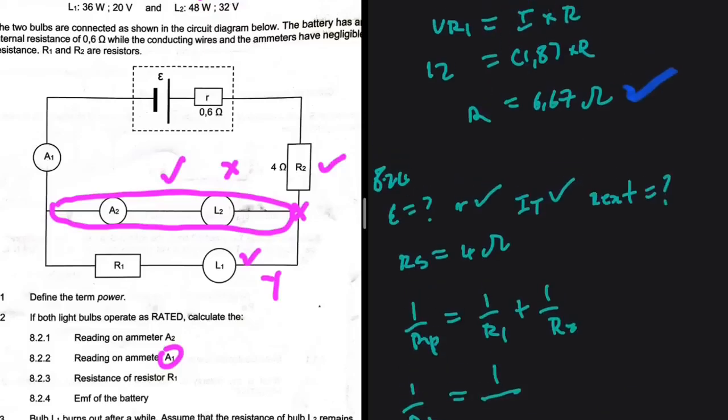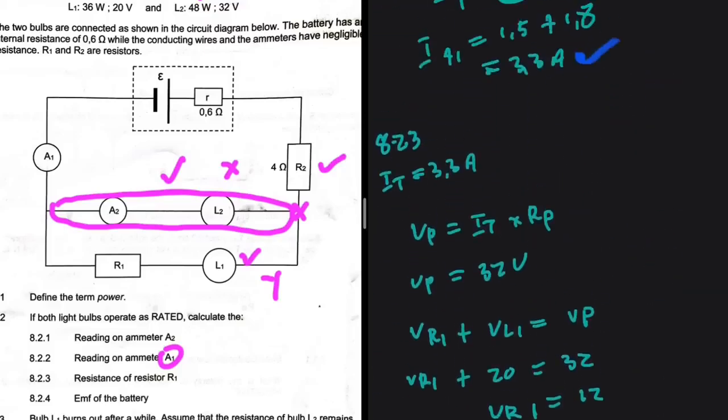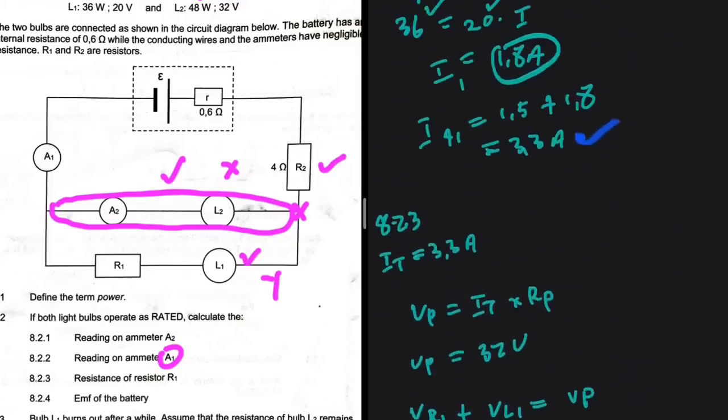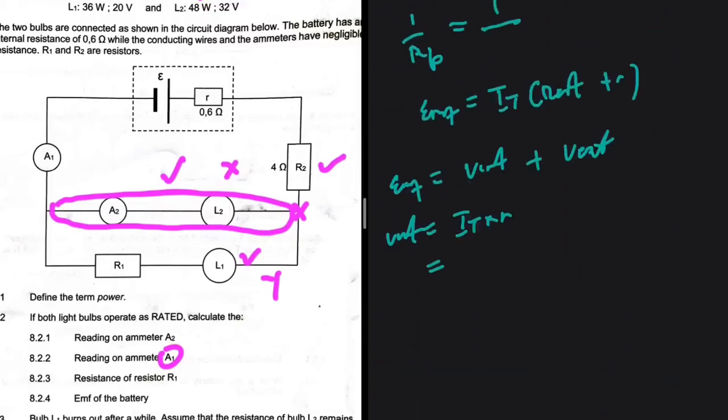Current multiplied by the small r. We have the current, 3.3, right? So is it 3.3 or 3.2? 3.3. Okay, so we have 3.3 multiplied by 0.6, that is 1.98 volts.